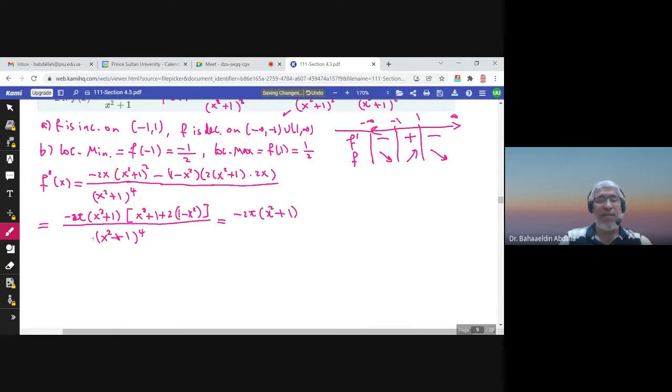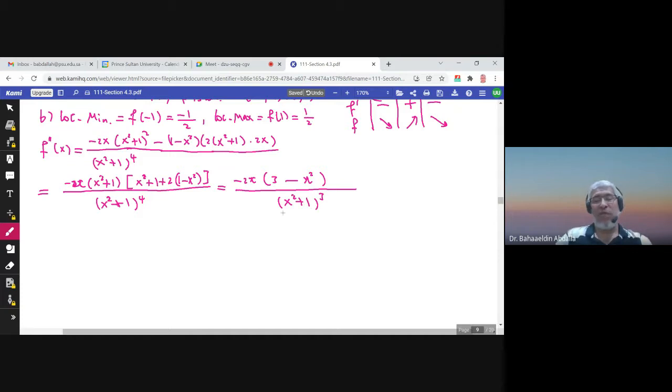So I can cancel x squared plus 1 with one of the x squared plus 1 below to have x squared plus 1 to the power 3 in the denominator. And here I have 1 plus 2, that's 3. And x squared minus 2x squared is negative x squared.